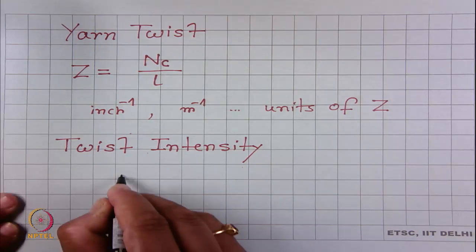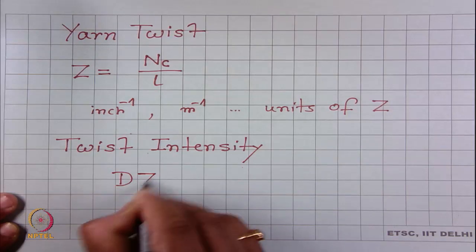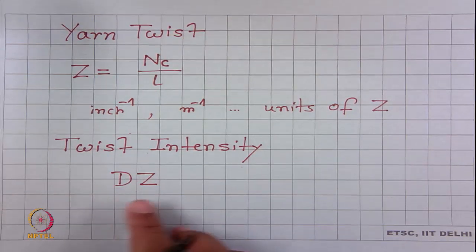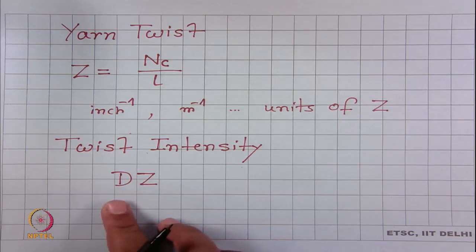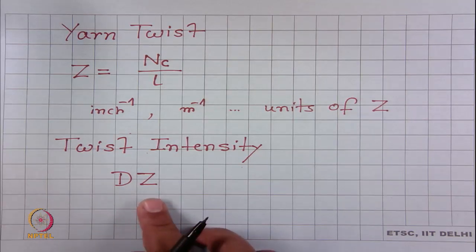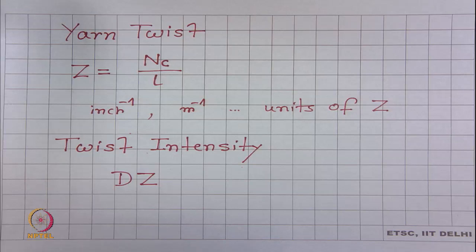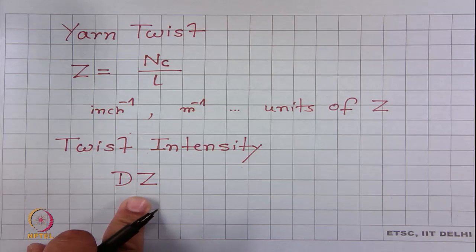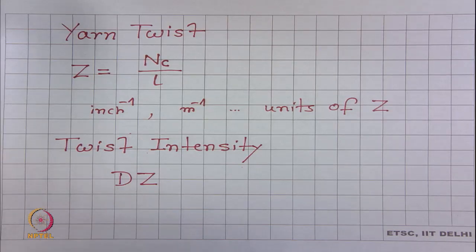Look at this quantity, capital D multiplied by capital Z. What is capital D? Yarn diameter. What is capital Z? Yarn twist. What is interesting about this quantity? This quantity is dimensionless.